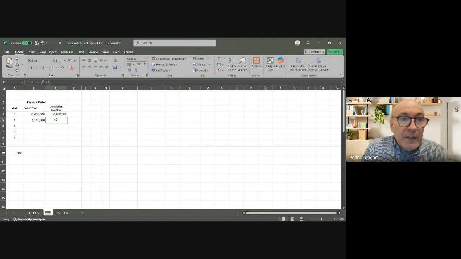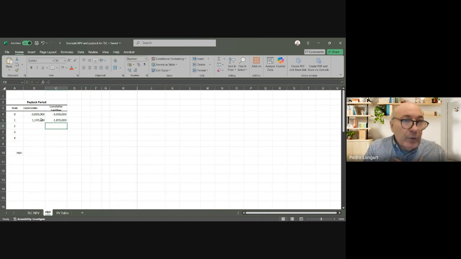So the cumulative cash flow is simply the value that I carried before plus the value that I have now. It's still going to be a negative number because 3 million negative is more than 1145. If I press enter, you're going to see that I still have a negative value here.